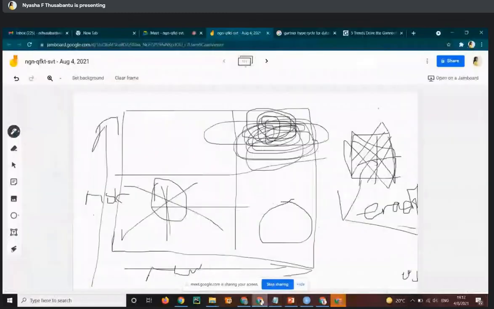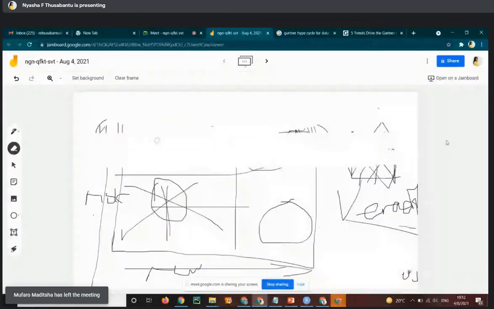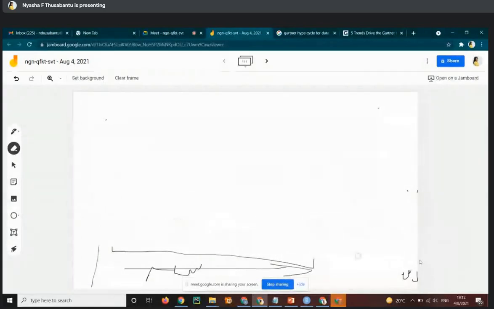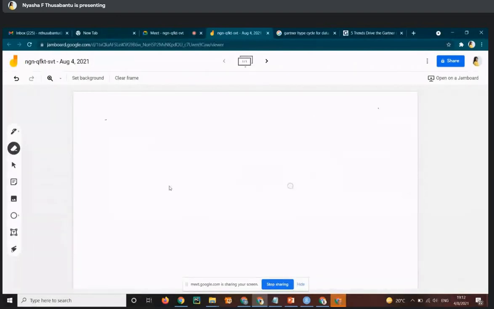For example, I didn't want to do this, but let me just quickly do it. Risk management, these days we have a lot of new tools coming.